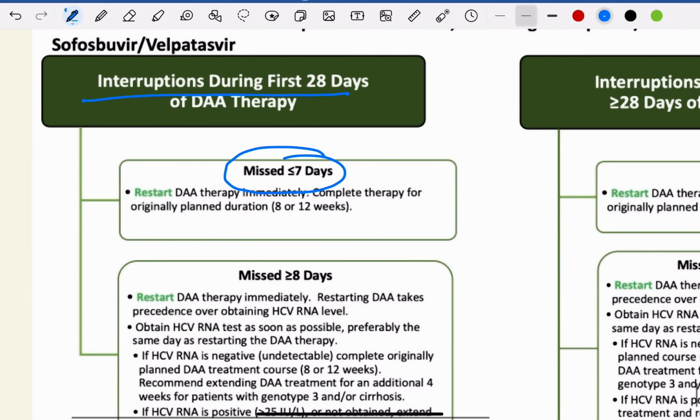You have to restart the DAA immediately and complete the therapy as decided before, 8 to 12 weeks depending on which combination you use. If you are using GP, it is 8 weeks. If you are using sofosbuvir and velpatasvir, that is SV, you have to go for 12 weeks.